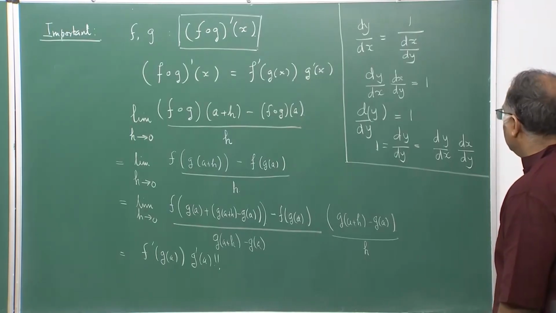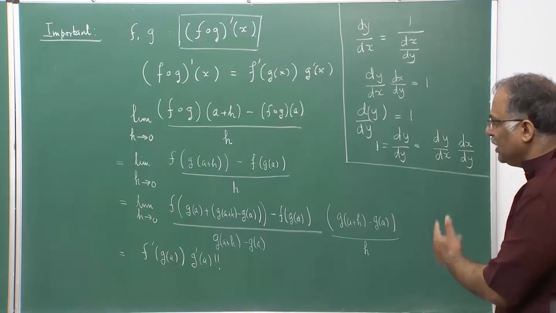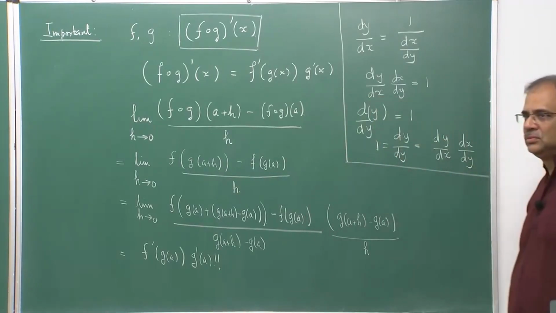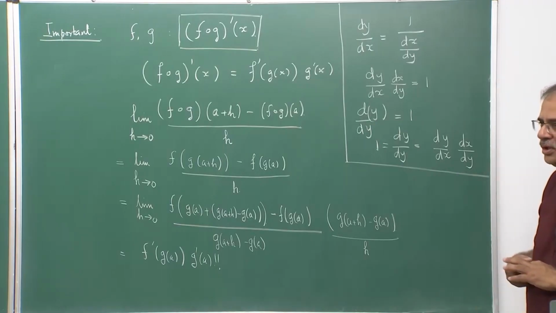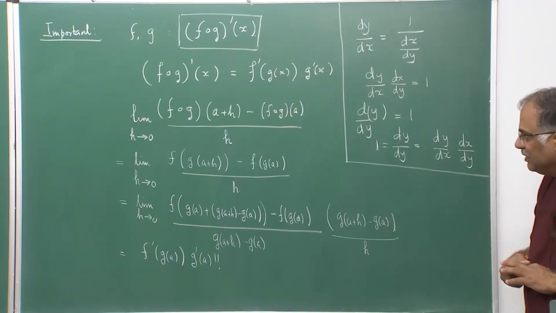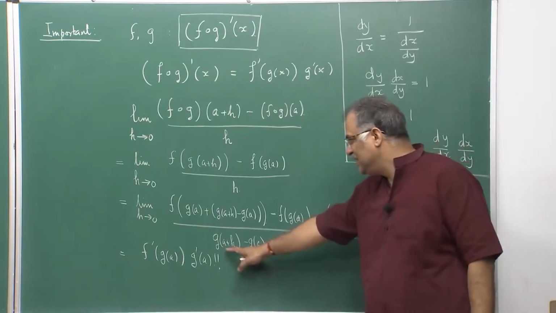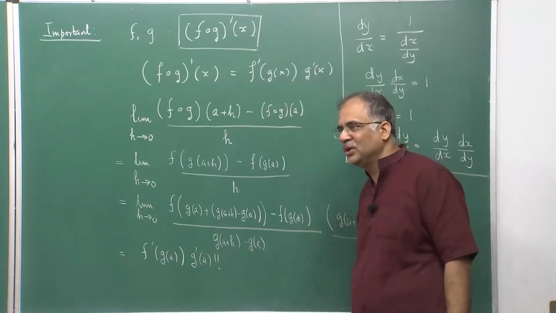So now where do you think is the problem with this proof? The problem with the proof lies in the fact that no one told me that g(a+h) minus g(a) is not equal to 0.